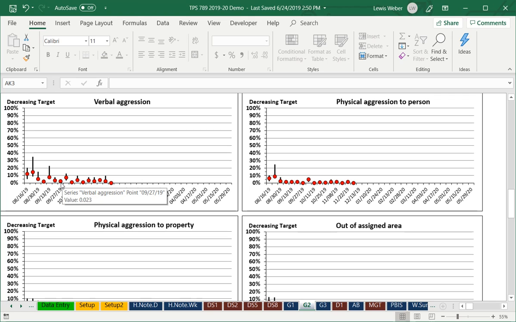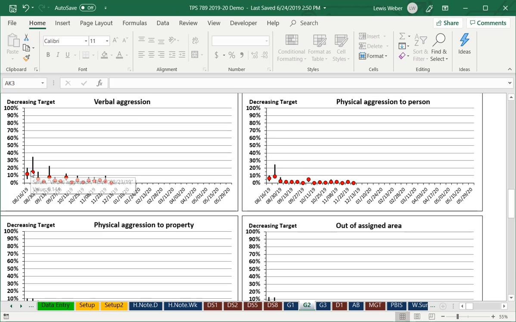Now, for more information, you'll need to go to the G3. That won't give you weekly information, but it will at least give you the numbers so that you can know the exact values because the graph only has so much resolution. Now, in this case, we see that for that week, 35% of the recording intervals had some level of verbal aggression. So the top of the bar tells you occurrence.